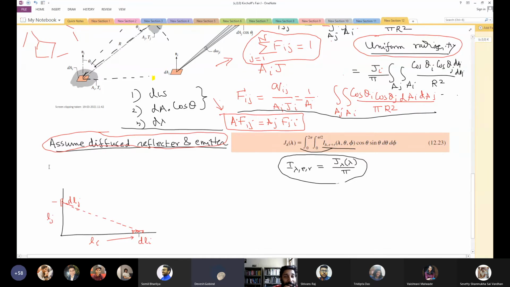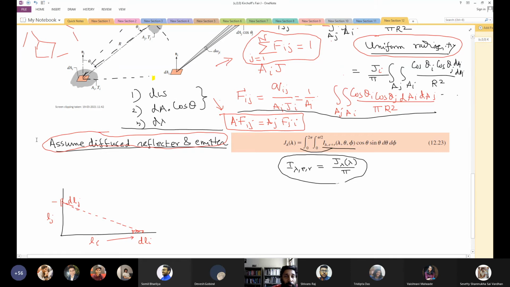Instead of integrating it, I'm just saying that the answer will come directly by considering it proportional to theta. The integration will also give that answer. Whether integration or without integration you land up in the same thing or not, I do not know.